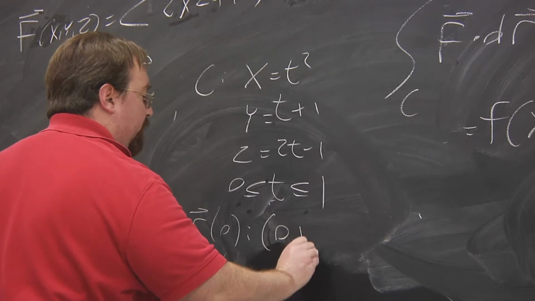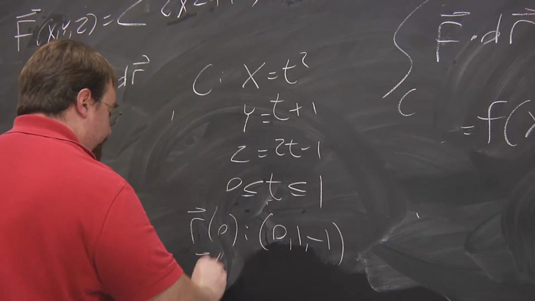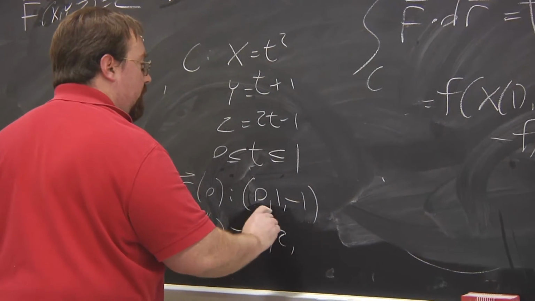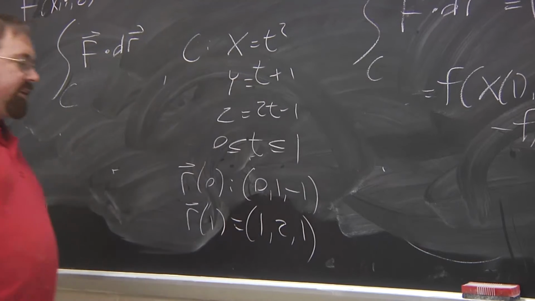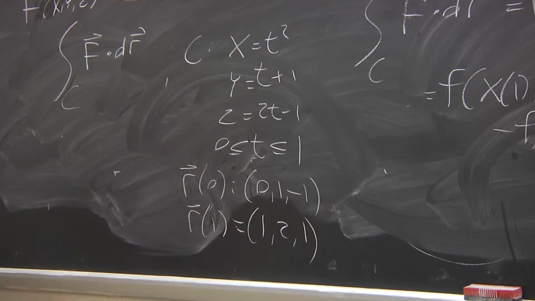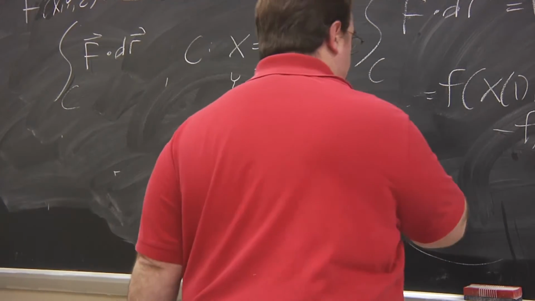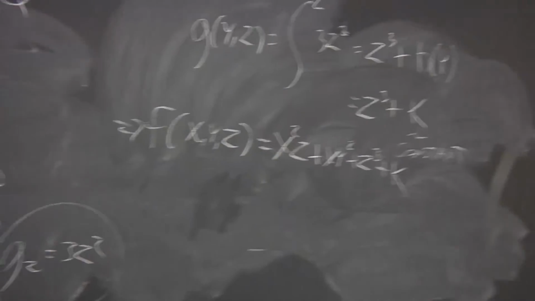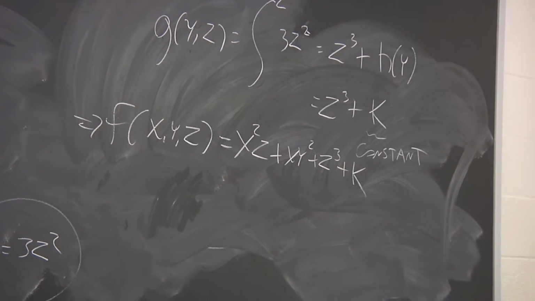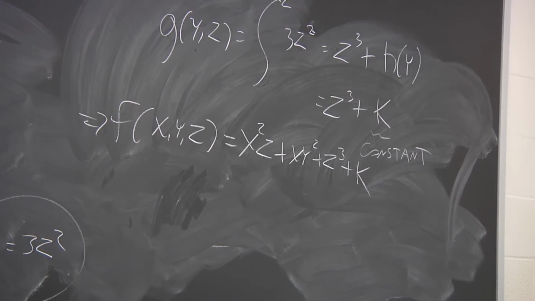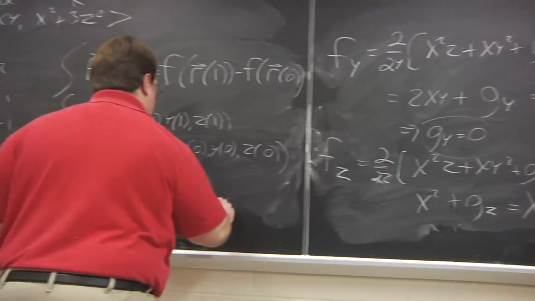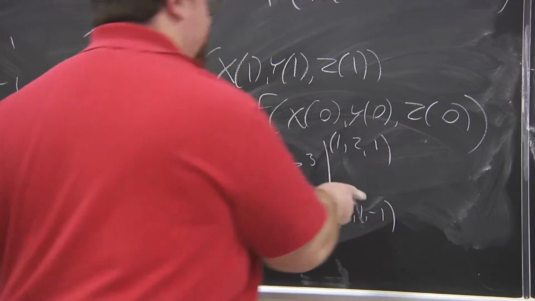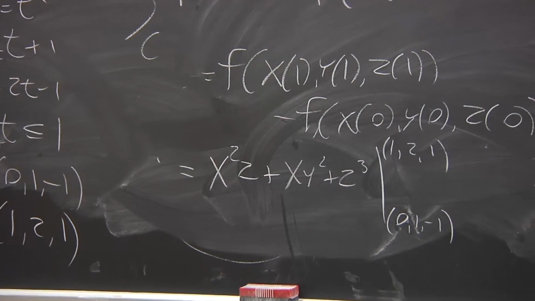So this is the beginning point, 0, 1, and minus 1. The ending point is going to be 1, 2, 1. And now you'll plug these into your function f that we got, x squared z plus xy squared plus z cubed, evaluated at these two points, and that's it.